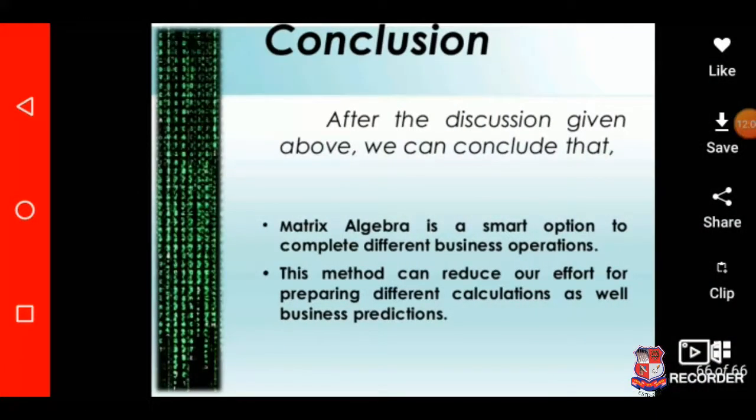After the discussion given above, we can conclude that matrix algebra is a smart option to complete different business operations. This method can reduce our effort in preparing different calculations as well as business applications.